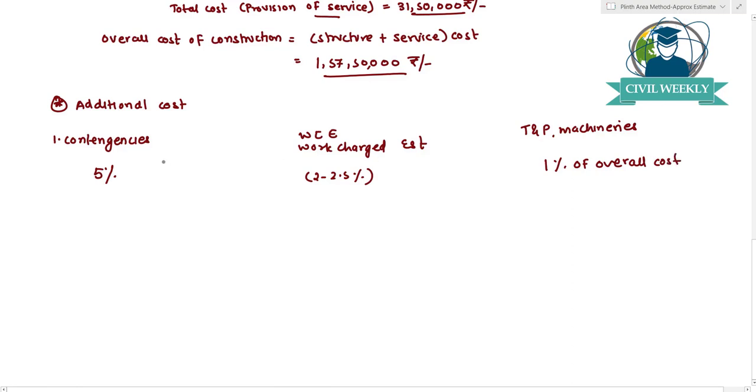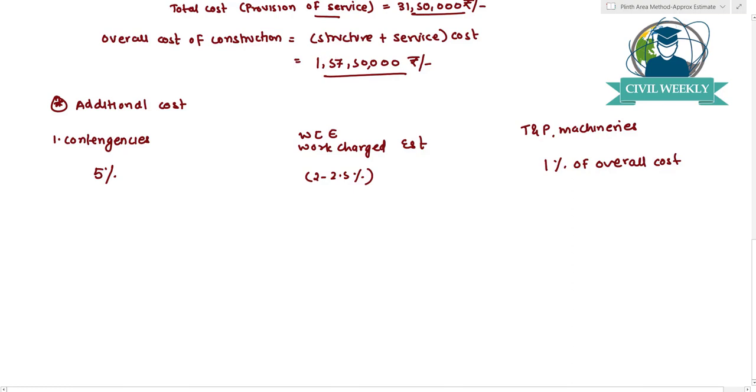Okay, so what are these contingencies? Contingencies are for some incidental expenses that we cannot predict at the time of planning of a project. So for all such incidences like accidents and damages and everything, we will have to keep a certain amount in reserve, and that amount is approximated as 5% of the overall cost of construction. And why is it considered for the overall cost?